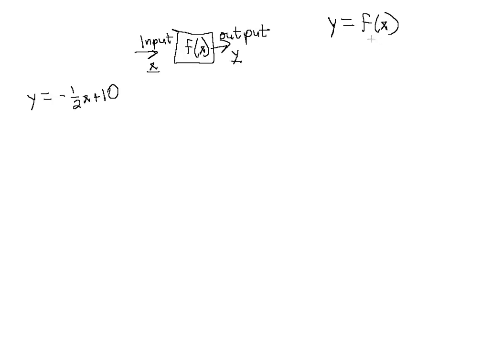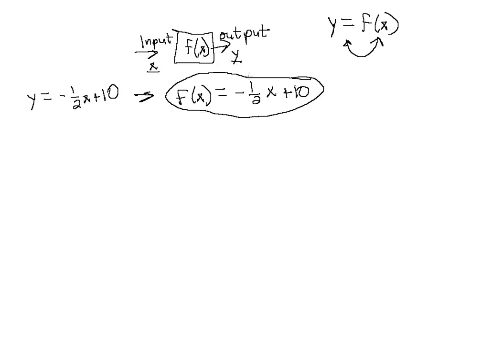It's just a change in notation, but these two are actually interchangeable. So this becomes f of x equals minus 1/2 x plus 10. This is our slope-intercept form in functional notation of our function.